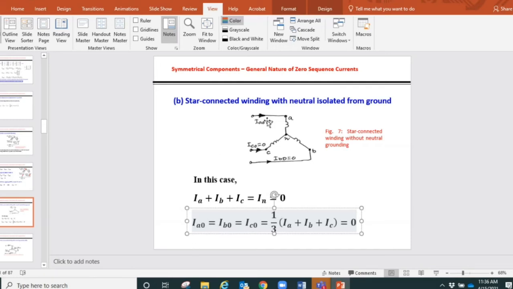So IA0 will be absent in the lines, and it will also be absent in the phases. So no line current or phase current of zero sequence component will flow if we have a star connection for a three-phase winding which is isolated from the ground.